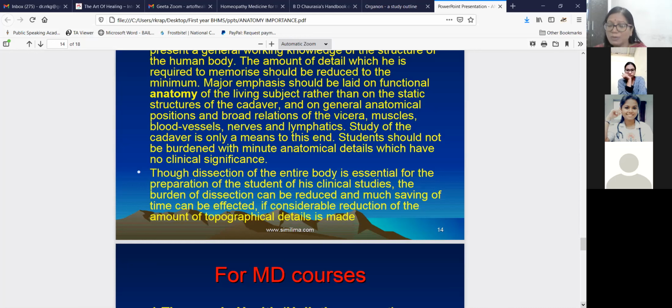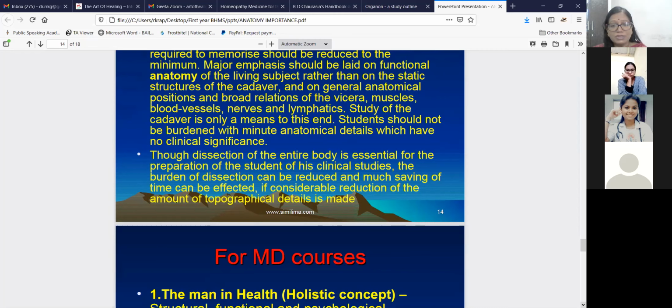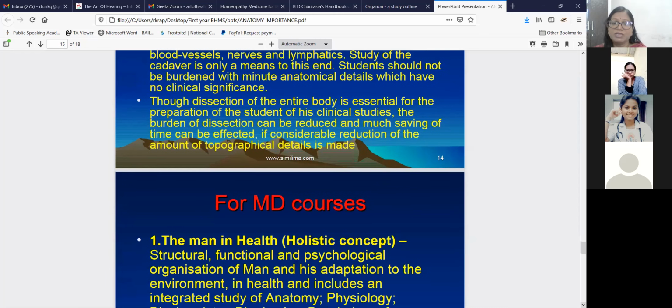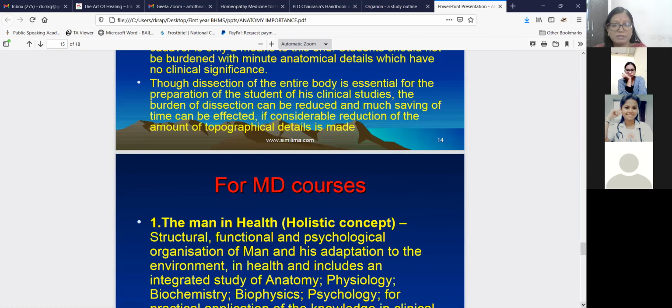Okay. They should not be burdened with minute anatomical details. So while you're taught about the anatomy, I'll tell you how to study it for your deeper understanding in relation to the clinical knowledge. Okay. So dissection of the entire body is essential for the preparation of the student for his clinical studies. So that's about that.